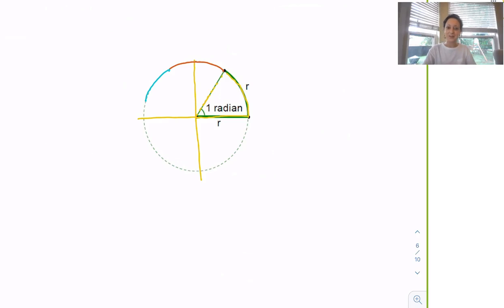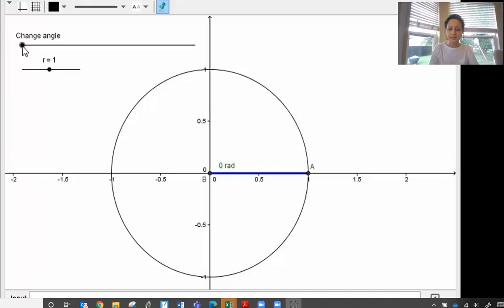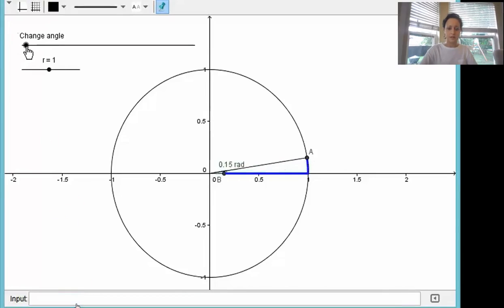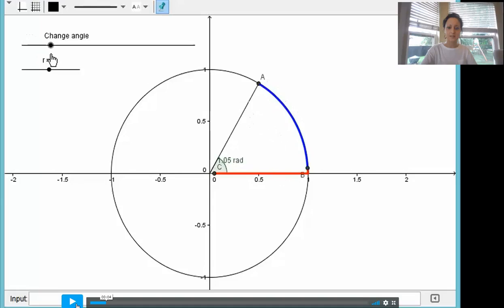Okay, so I'm going to show you a video and let's see if we can answer that question together. Here I've got a circle with radius 1. You can see that blue length of the radius there. I'm going to drag that length across the circle. All right, so here's 1 radius, so there's 1 radian.